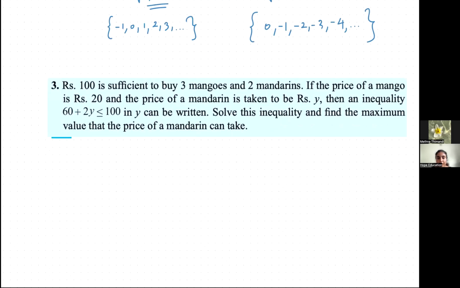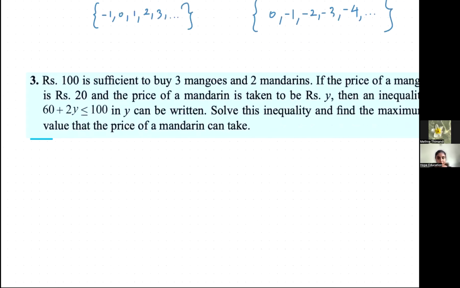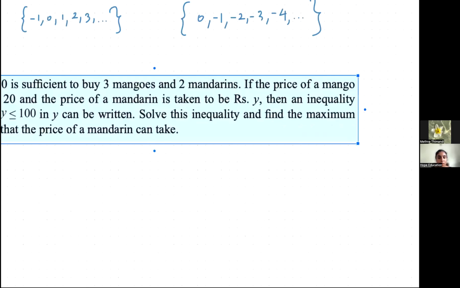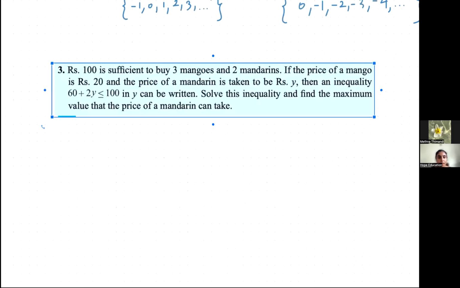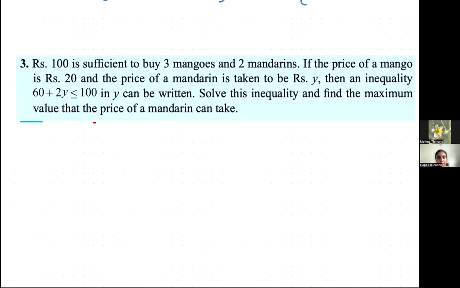So we have to simplify this. 60 plus 2y less than or equal to 100, right?